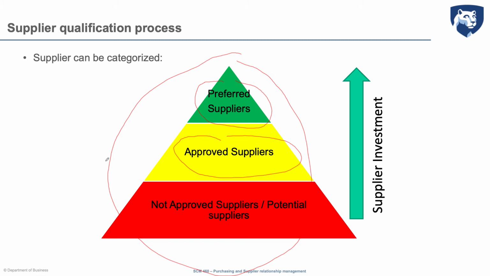Of course, the higher the status of the supplier, the higher the investment you need to make in the relationship with the supplier, because again, not approved are the suppliers that are not so good, approved are suppliers meeting the basic criteria, and preferred suppliers are the ones that already have great potential from the qualification information provided.